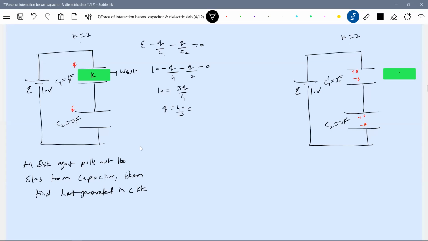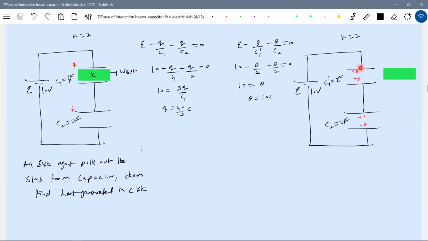Okay, final charge we will calculate. Final charge will be E minus Q by C1 dash minus Q by C2 equals 0. This is 10. Both have the same capacitance, 2. So Q is 10 coulomb. Earlier it was 40 by 3, what is 40 by 3? Greater than 10. So now we have some idea. Look at any one plate.